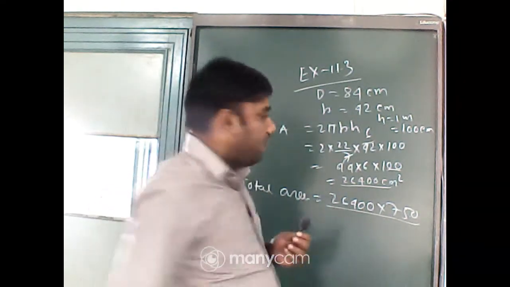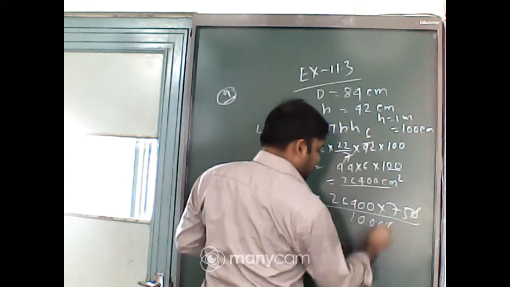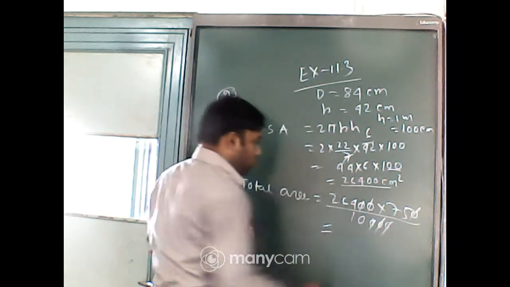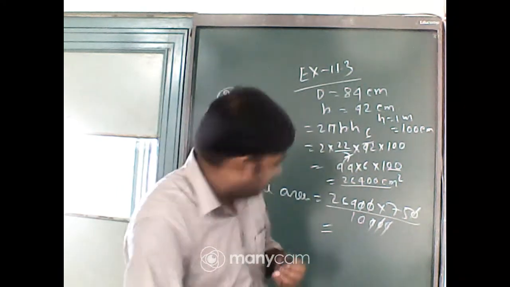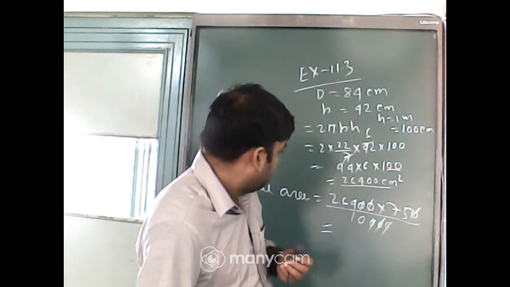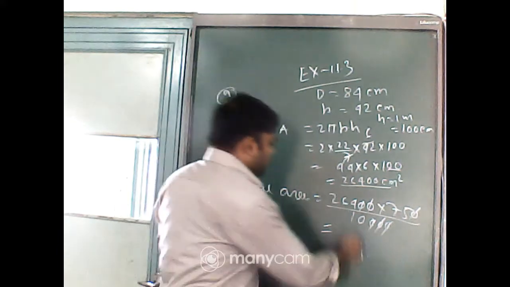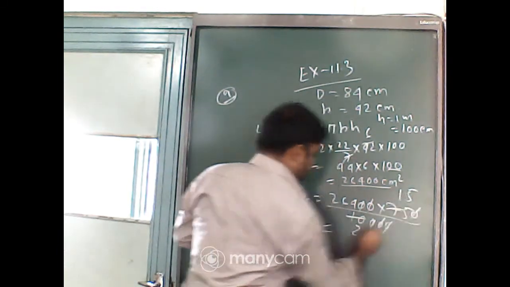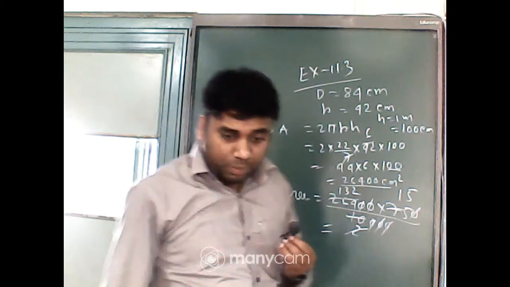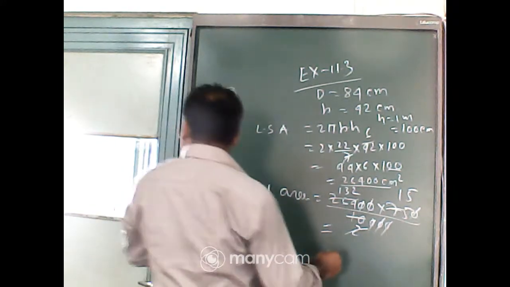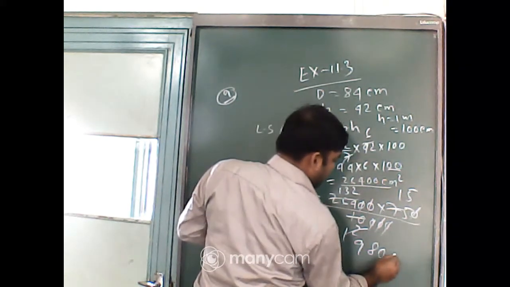Yes, 10,000. Very good. So divide by 10,000, cancelling the zeros. You will get 132 into 15. 132 into 15, you will get most probably 1980 meter square.